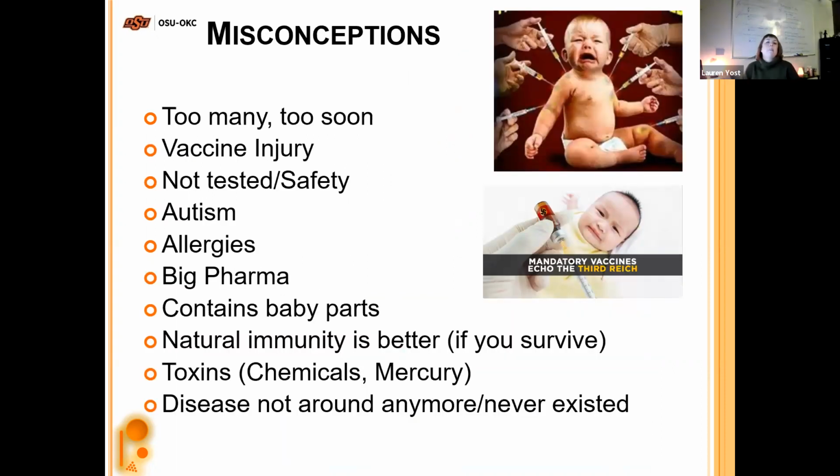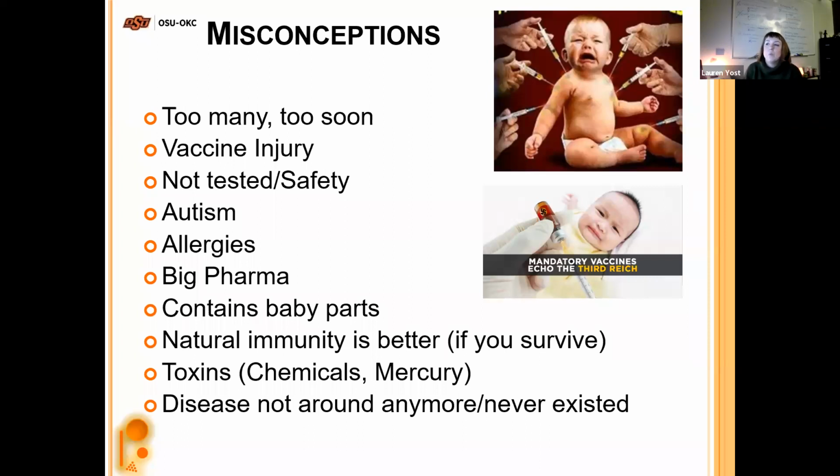But these are some common misconceptions associated with getting vaccines, that you can get too many too soon, that you can have vaccine injuries. A few of these things can be somewhat accurate, but they've been blown to proportions that are not helpful to anybody.